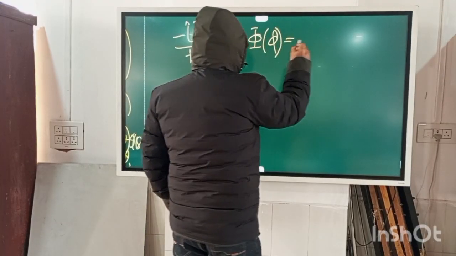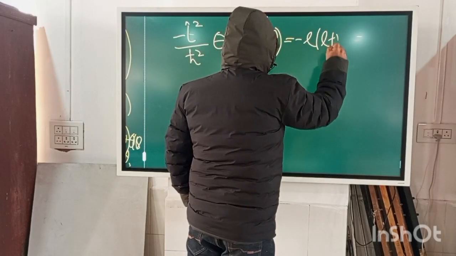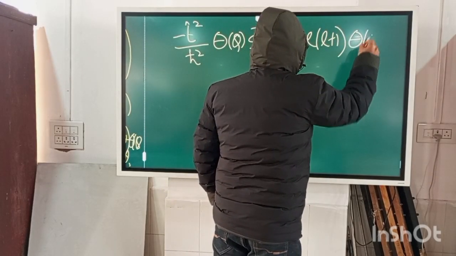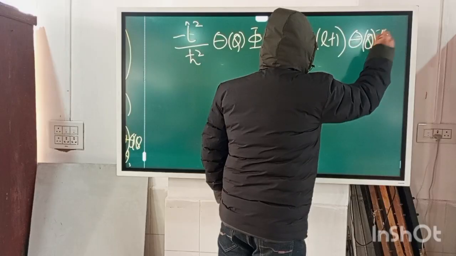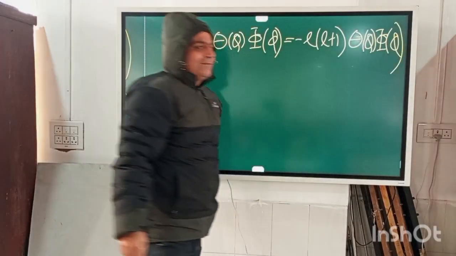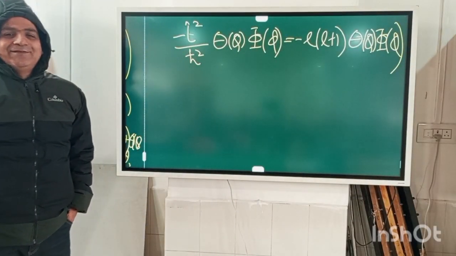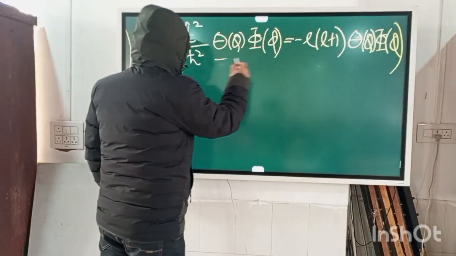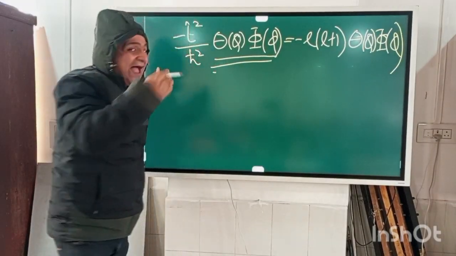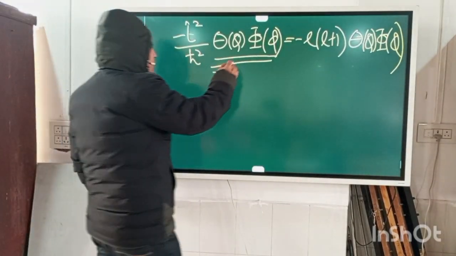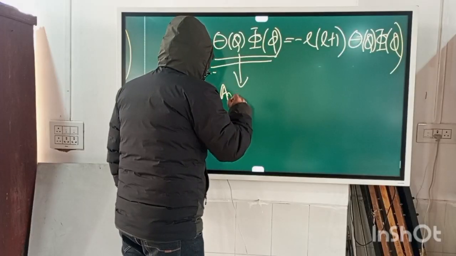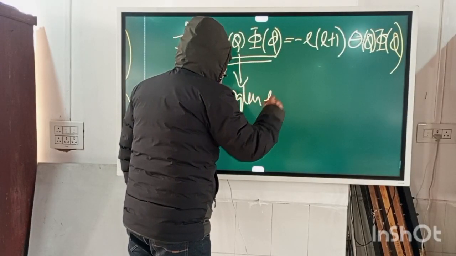This must be equal to minus L times L plus 1 theta of theta and phi of phi. Come on. You have a wave function, you have the energy, you have the eigenfunction, you have the angular eigenfunction. This is your angular eigenfunction.